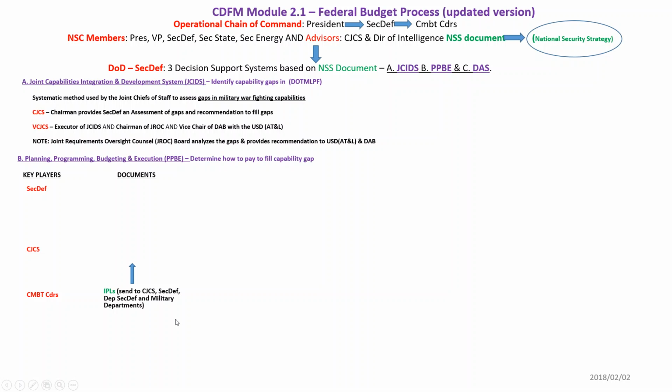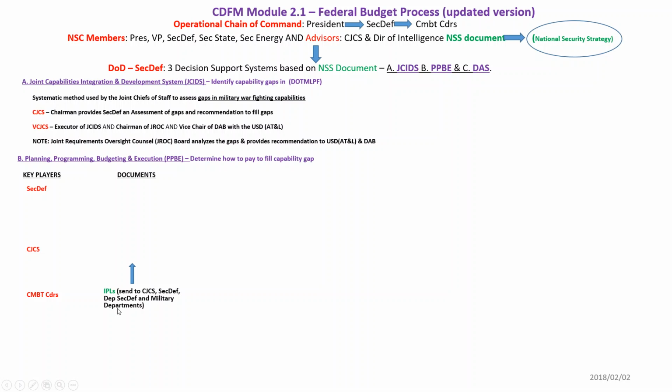That is the document the combatant commanders submit to tell their higher, and it says right here, they send it to the Chairman of the Joint Chiefs of Staff. That's your senior military advisor to the President, the Secretary of Defense, and the National Security Council, your Secretary of Defense, Deputy SecDef, and the military departments.